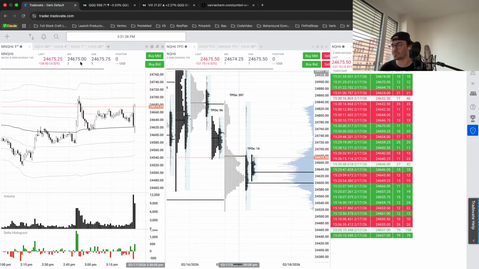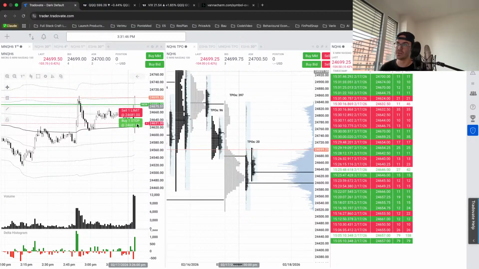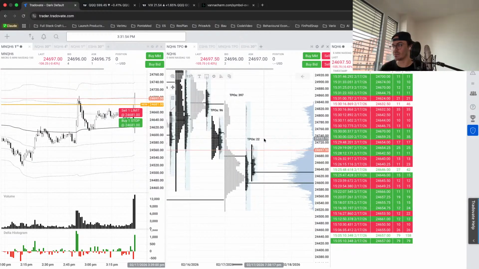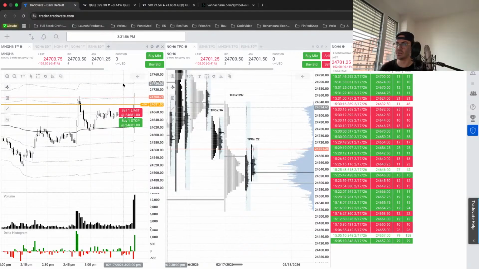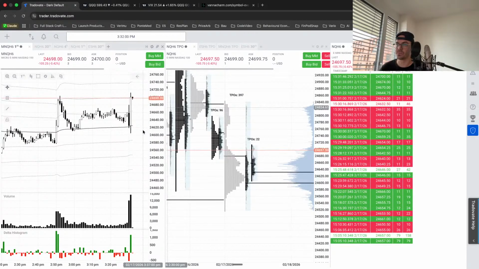So let's see here. The problem with the Nasdaq is so fast. Looks like they're headed right for that 730. Let's see if they reoffer the 1 minute.